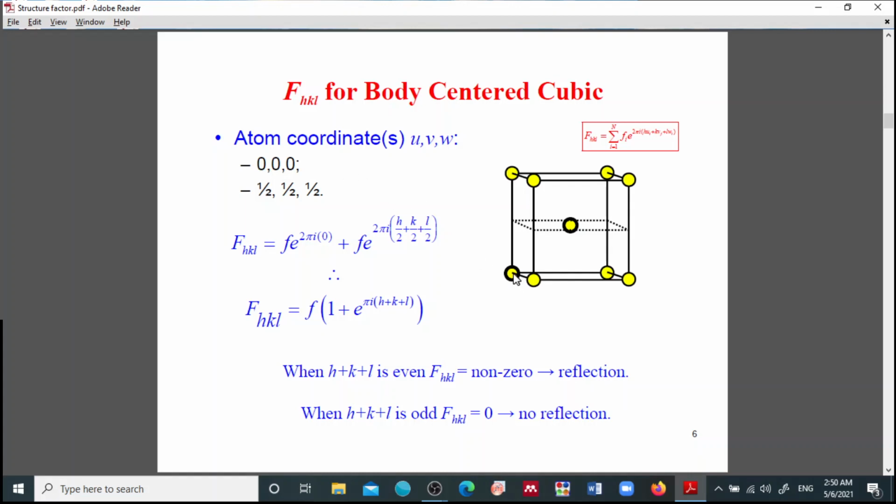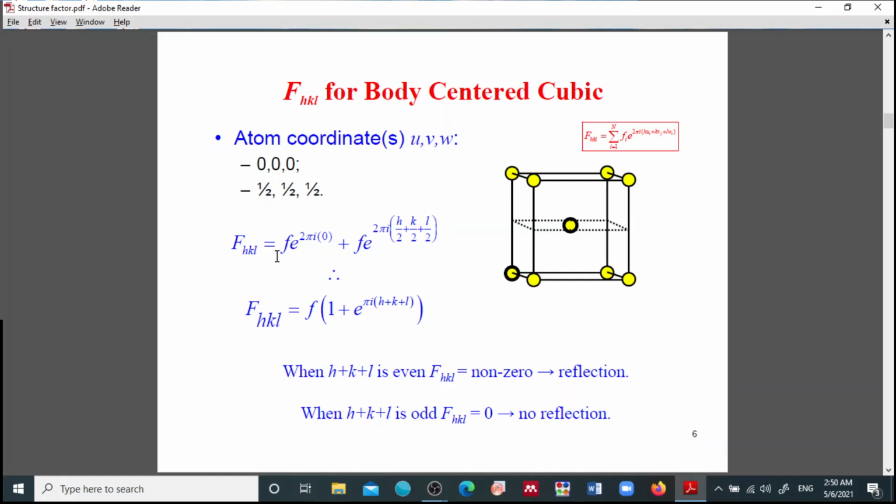So we can say that this corner atom is the origin, and this atom, the body-centered atom, is the second atom that is considered. So this is half, half, half, and this is 0, 0, 0. So we have 2 points per unit cell, so these 2 points are sufficient.